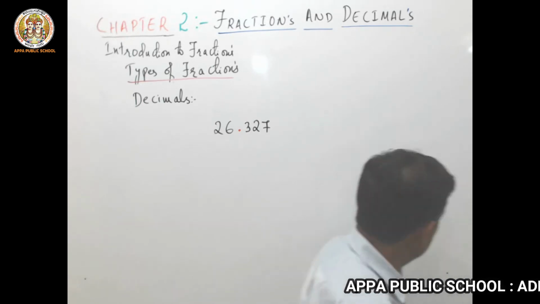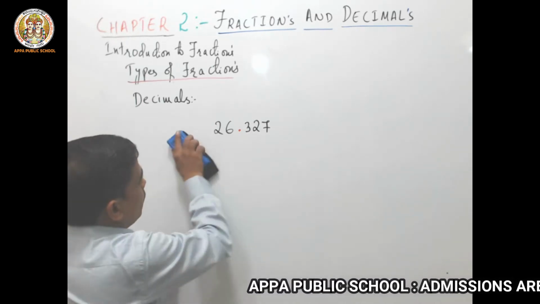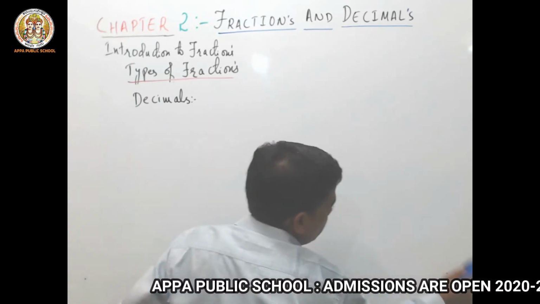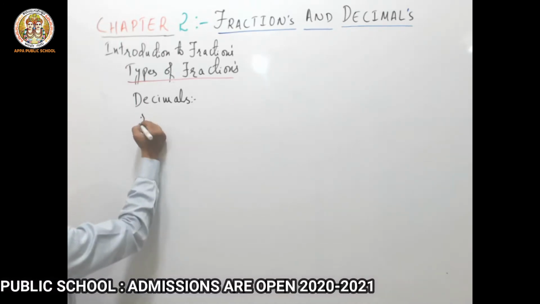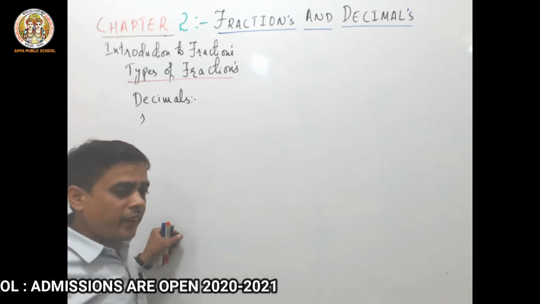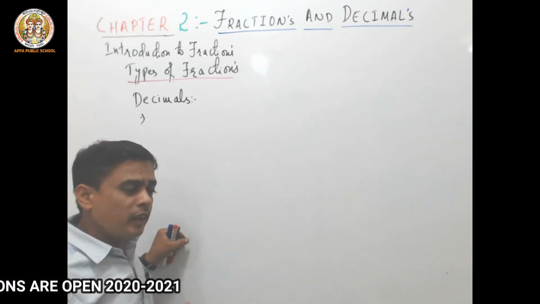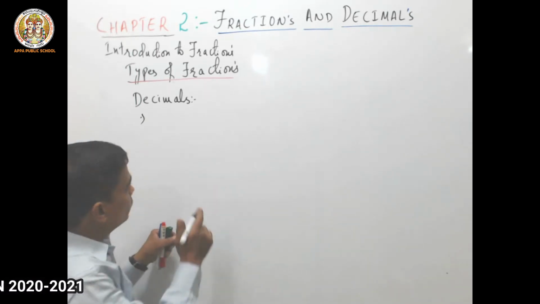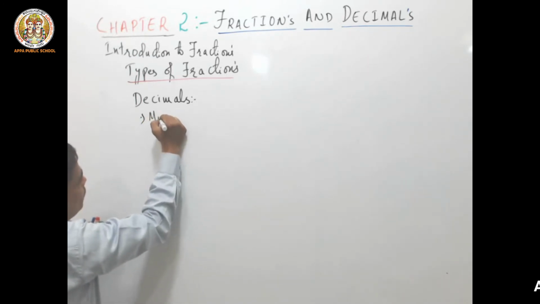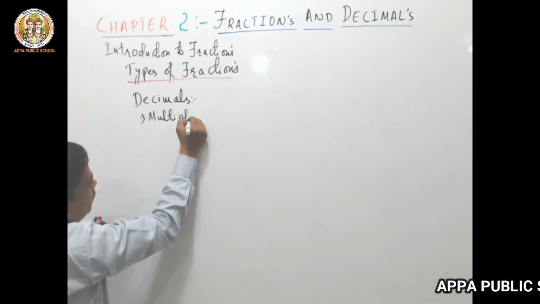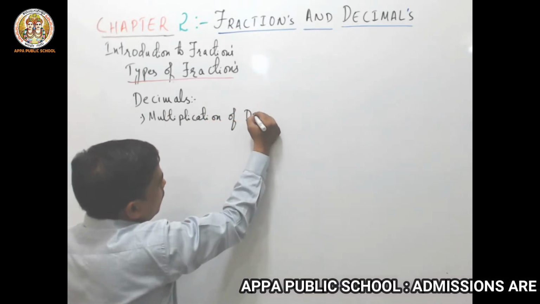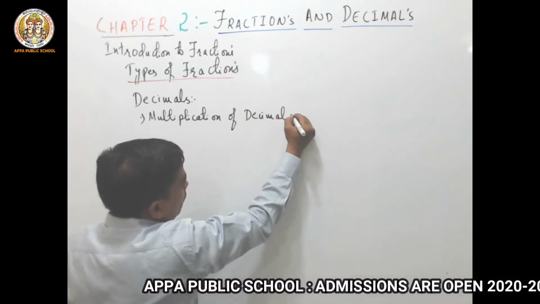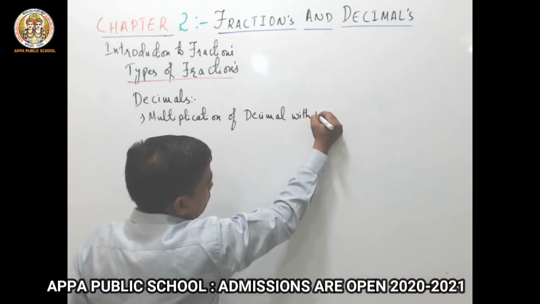So under this one, here also same as we have discussed in case of fractions, that is multiplication of decimal with a whole number.